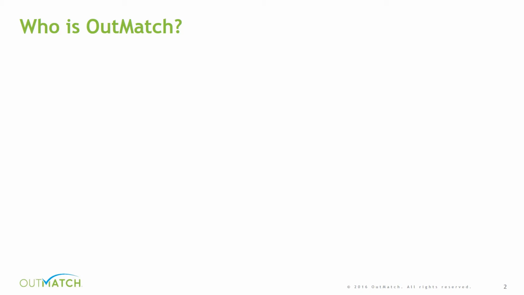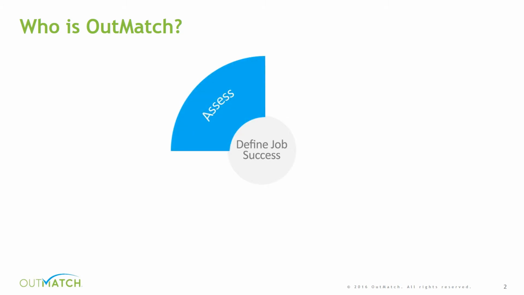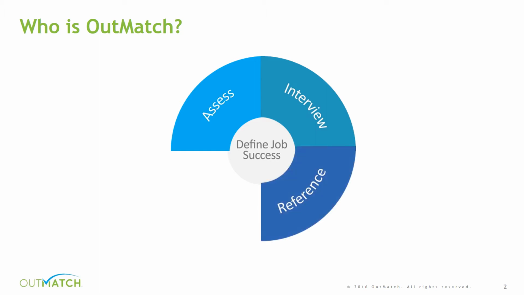We do this by first defining job success, specifically the competencies needed for success on the job. Once defined, OutMatch then helps you assess your candidates, whether that includes new hires or existing employees. At the time of interview, OutMatch delivers competency-based scoreable interview guides, so you can interview for past behavior. The next step is online reference checking to collect detailed, candid feedback from past employers and colleagues quickly and easily.